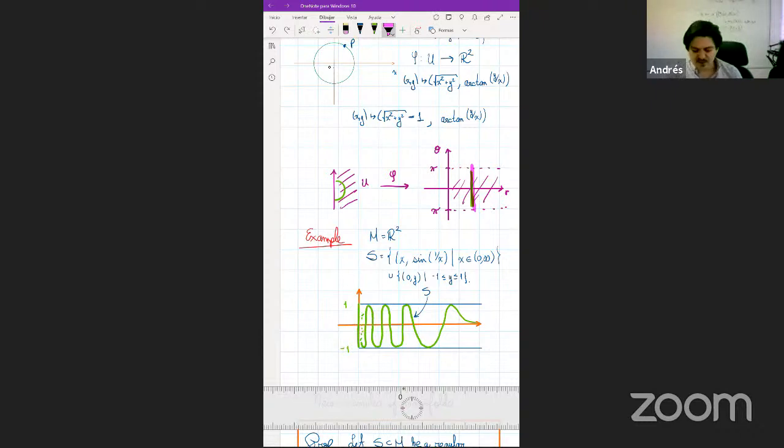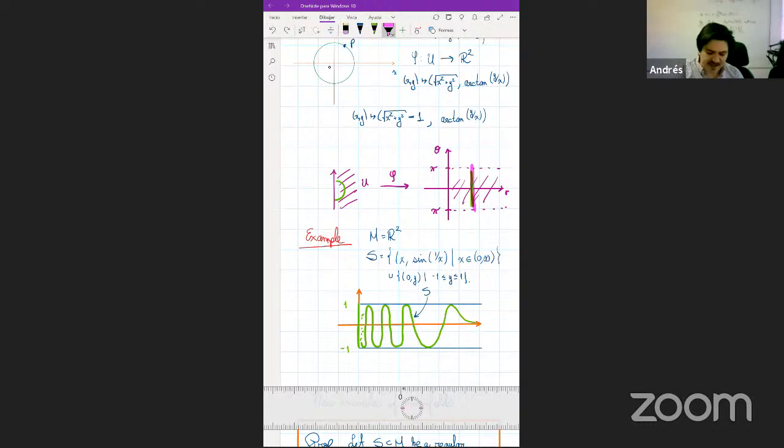That's the issue when you see this example related to connected and path connected issues. So if you take any point outside that vertical segment, you can find a chart such that this will be the zero set of something. That's no problem.